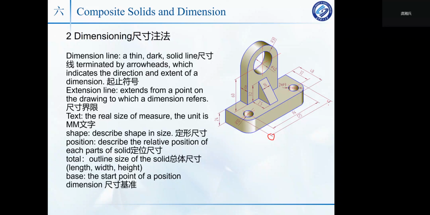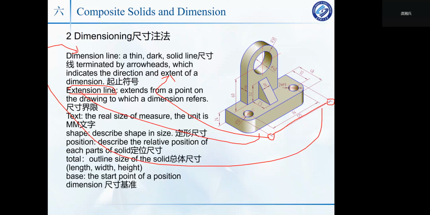This line is the dimension line, and the arrow is the extent of the dimension. The extension line is this line here. The extension line means the limit of the line, the outside and the outline of the line.